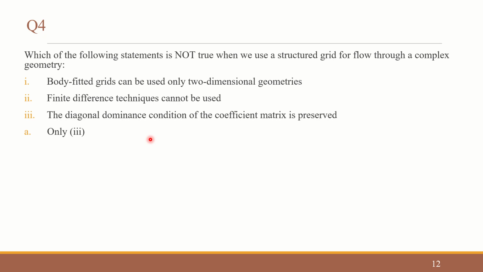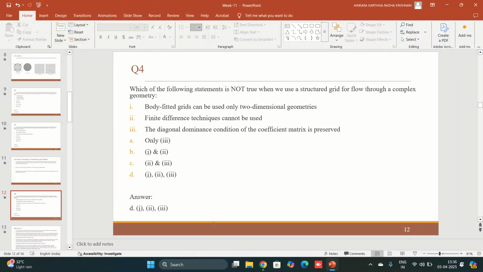So we'll look at the options. First one is option A, only 3, and second one is B, 1 and 2, and C is 2 and 3, and D is 1, 2 and 3. So which of the following statements is false? From our understanding, all three are false. So option 1, 2 and 3 is the right answer.